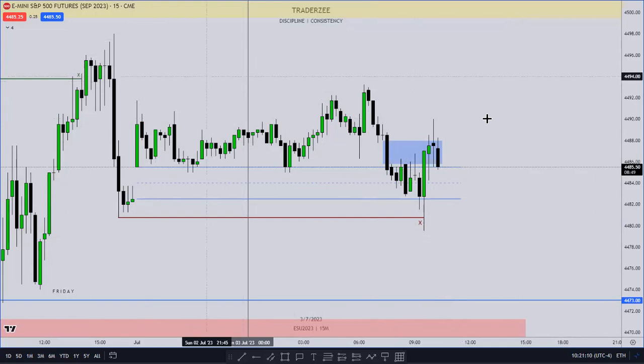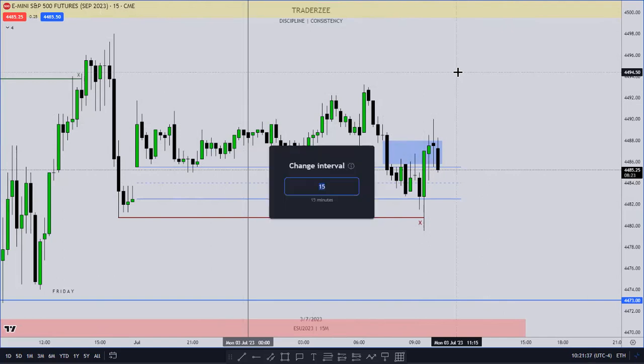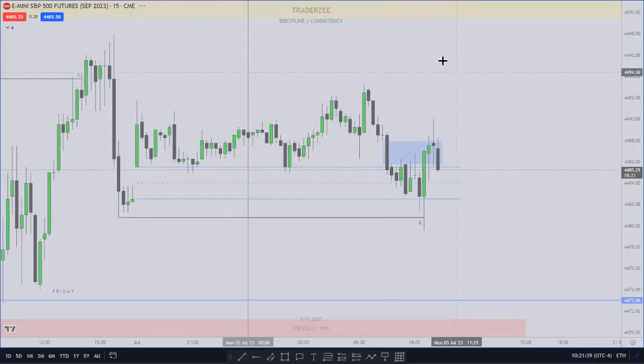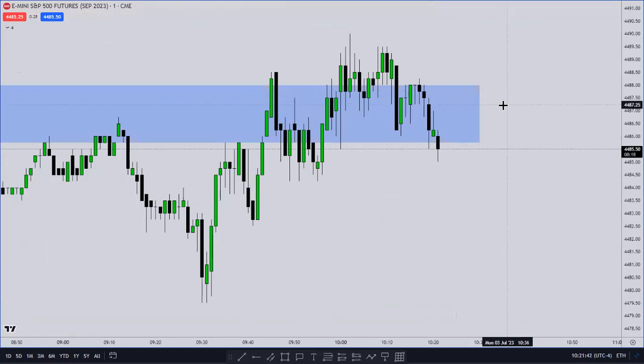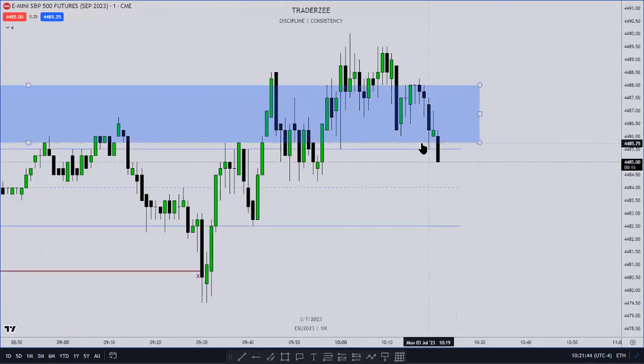For me to do anything, it has to at least do something below the consequent encroachment of the new week opening gap. Look how sloppy it's being.